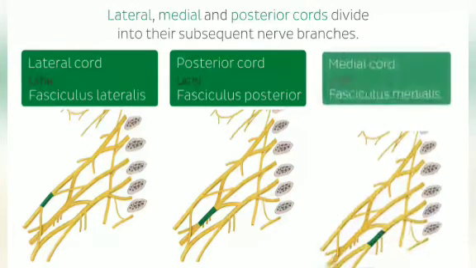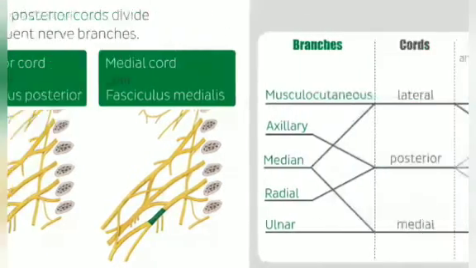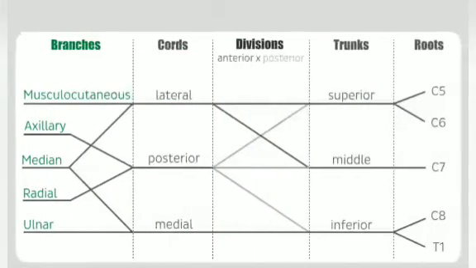And finally, this illustration on the right is the medial cord, which is the continuation of the anterior division of the inferior trunk. These cords give rise to very important nerves of the upper extremities, namely the musculocutaneous nerve, the axillary nerve, the median nerve, the radial nerve, and the ulnar nerve.